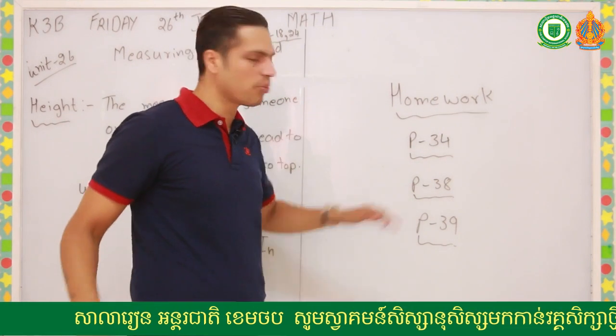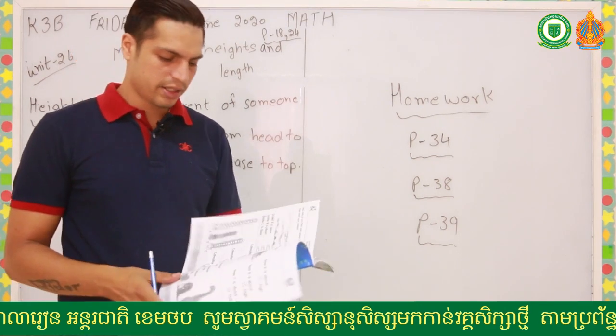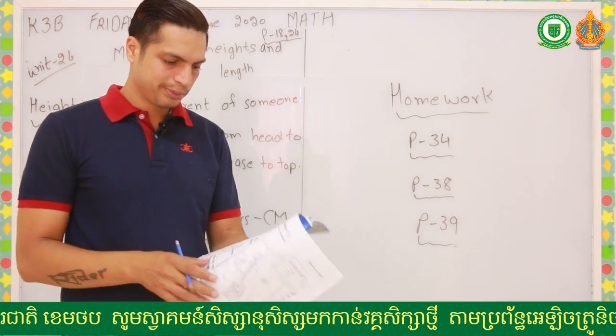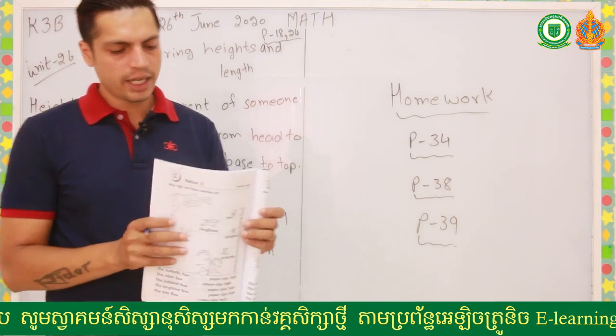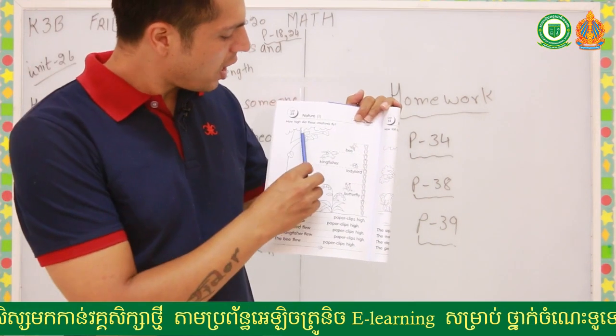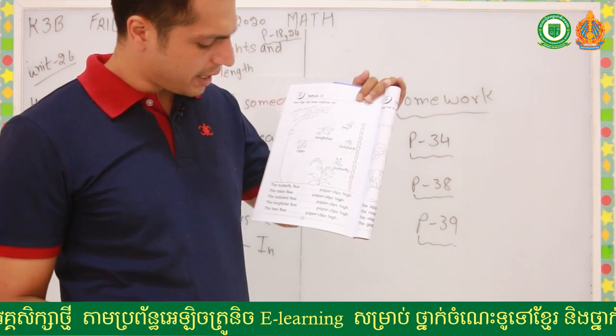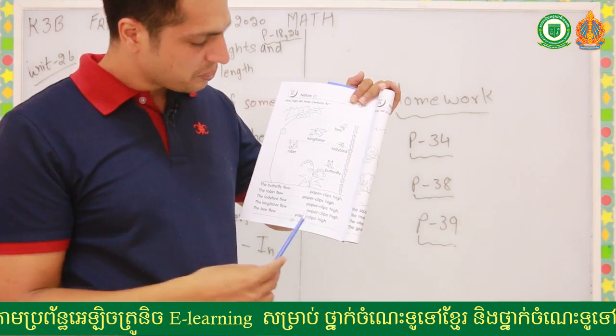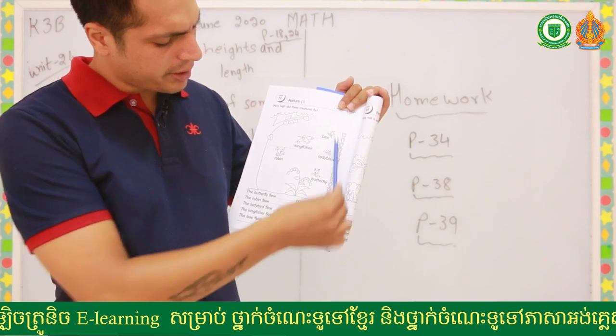Next homework. Your next homework is on page number 38. This one is a bit tricky. Okay, so I will explain it to you. How high did these creatures fly? Okay. Now we have paper clips.